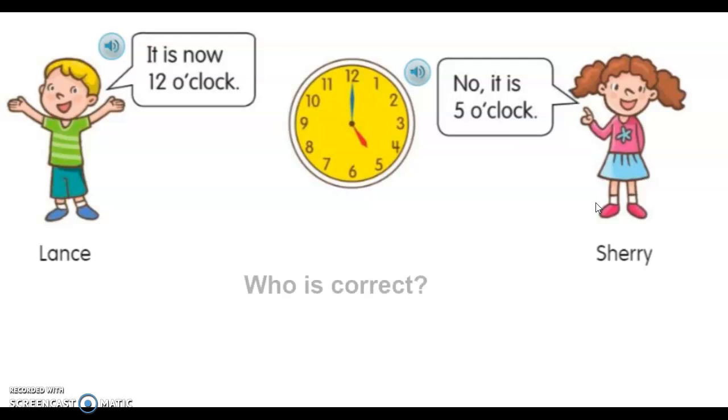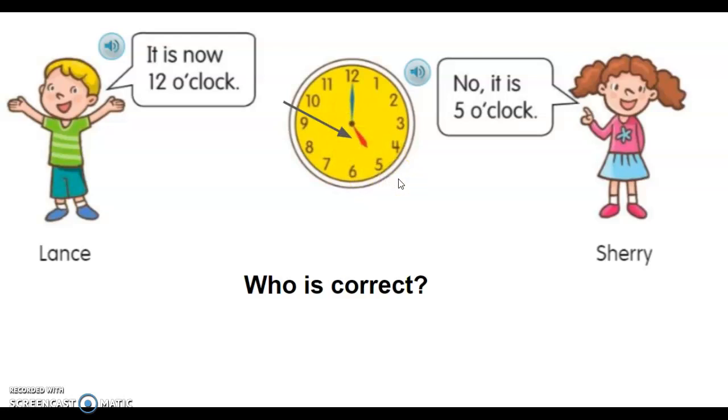All right, so we have Lance over here and Sherry over here. So they want to know who is correct. Lance says it is now 12 o'clock, but Sherry says no, it is 5 o'clock. So, who is correct? Well, let's look at our clock. Our hour hand, which is the shorter one, is pointing to the 5.